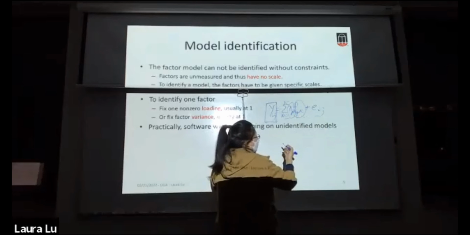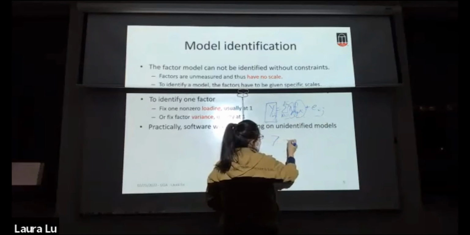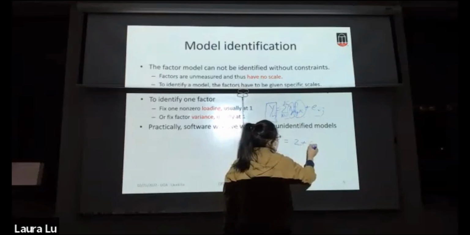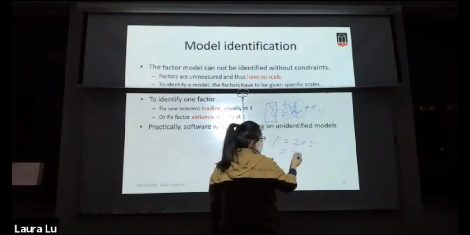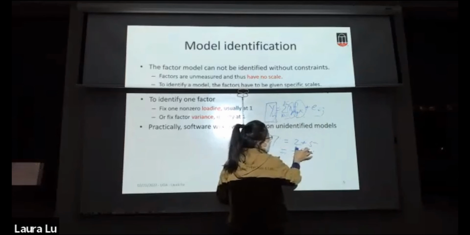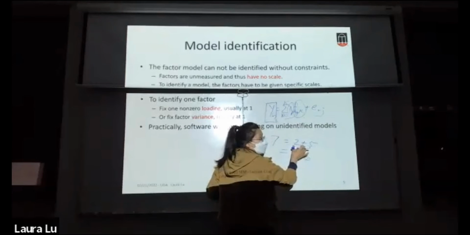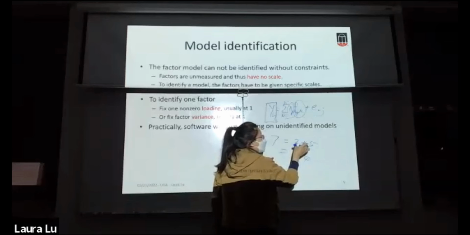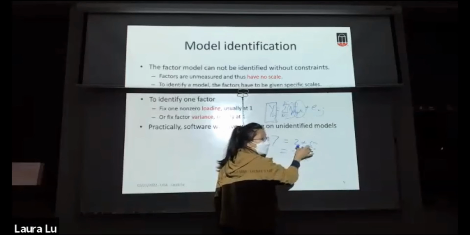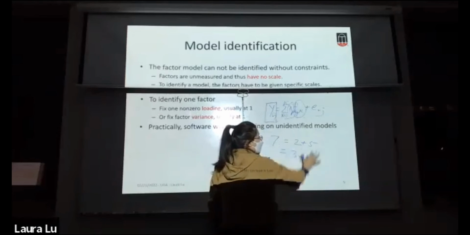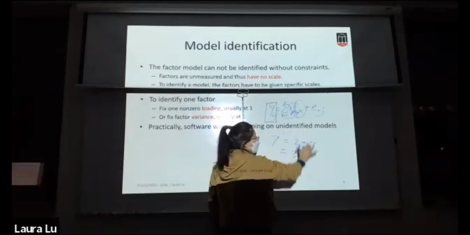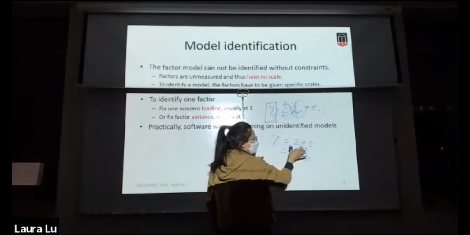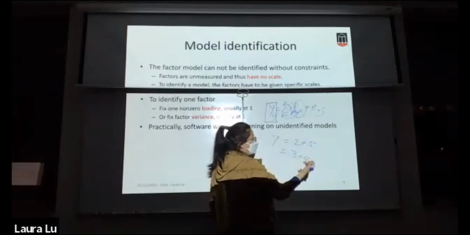For example, think about 7 being 2 plus 5. 7 also is 3 plus 4. If you do not somewhat identify, or if you don't put some anchor on this side, there are a lot of solutions. So we need to fix some part here, and then we can have a solution.